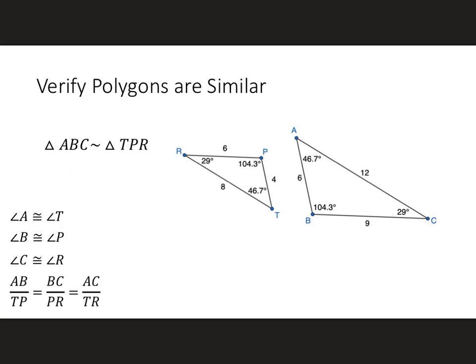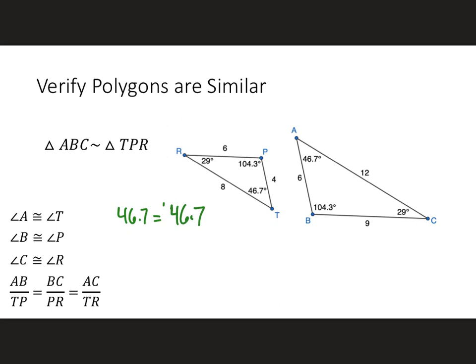We can now substitute the values from the diagrams into our congruence and proportional statements. So angle A measures 46.7 degrees. So we can put that in. And hopefully that equals angle T, and it does. Angle T is right here. It's 46.7 degrees as well.